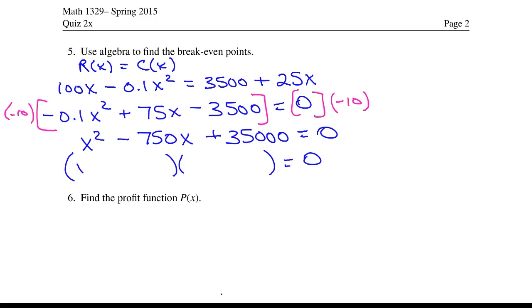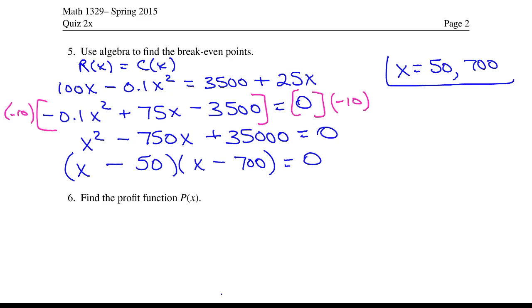And then from that I can factor. What two numbers multiply to give me 35,000 and add to give me 750? They are 50 and 700. So x is equal to 50 and 700. So that's where the break-even points occur.